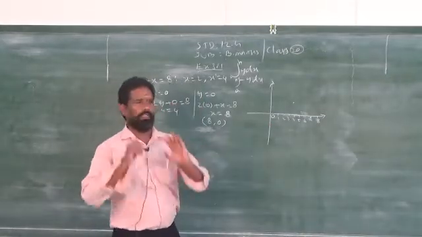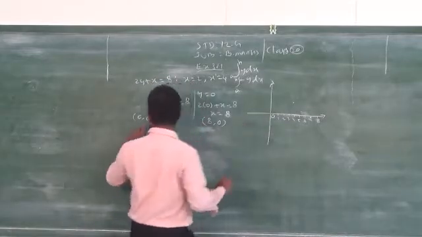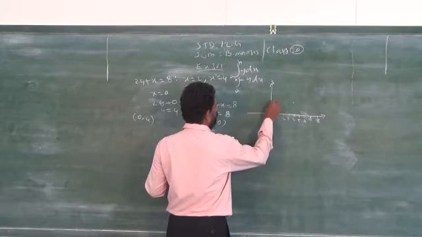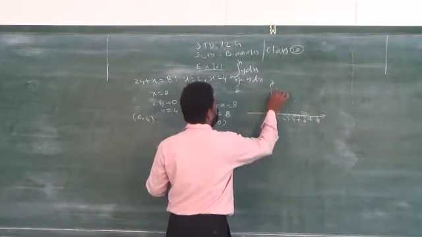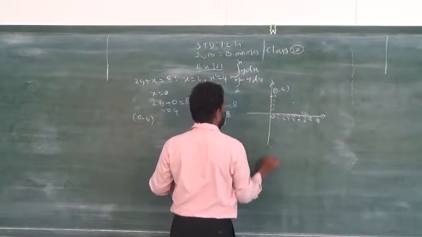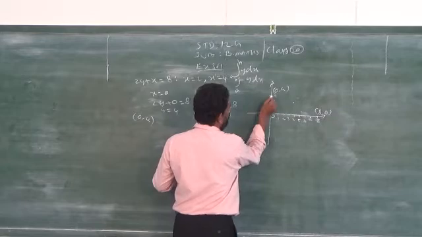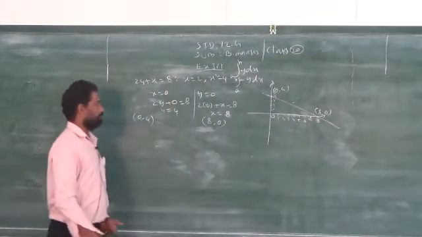By eyesight, you take 8, then 4, because y is 4 only. So you have to plot the point 0, 4 and this is 8, 0. Then you just draw the straight line. So I drew one straight line.